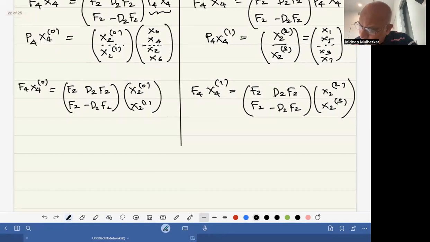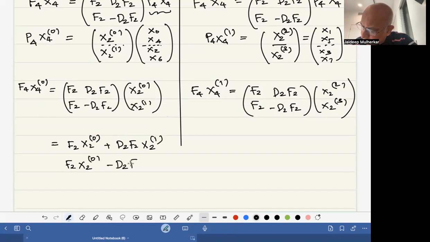F4 x4 of 0 is F2 x2 of 0 plus D2 F2 of x2 of 1, and then F2 x2 of 0 minus D2 F2 of x2 of 1.